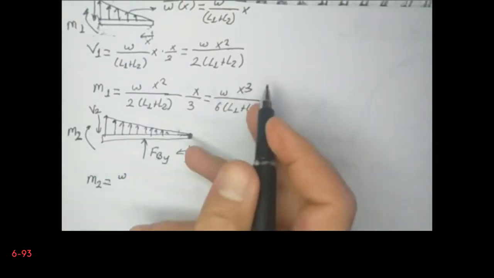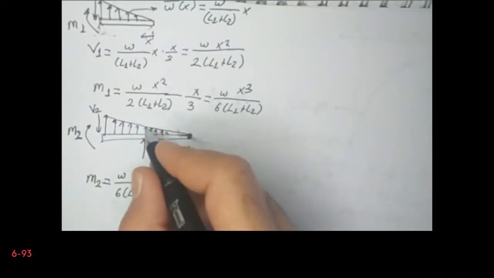X cubed. It will be identical to this one, divided by 6 times L1 plus L2. This will be the moment, but now I need to add the contribution coming from the FBY. I choose the direction of FBY in the positive vertical direction, so this is plus FBY multiplied by this distance, because I take the moment with respect to the cut always.